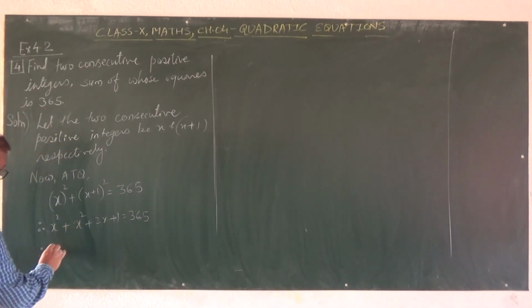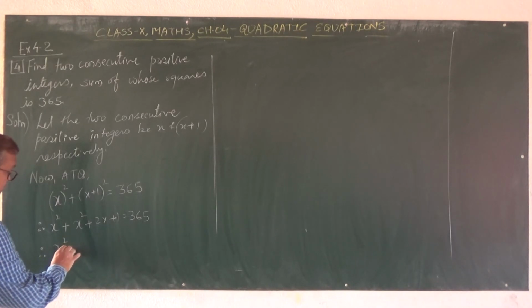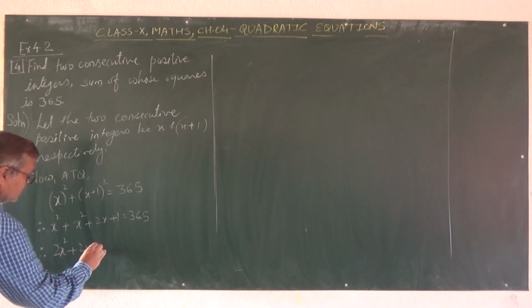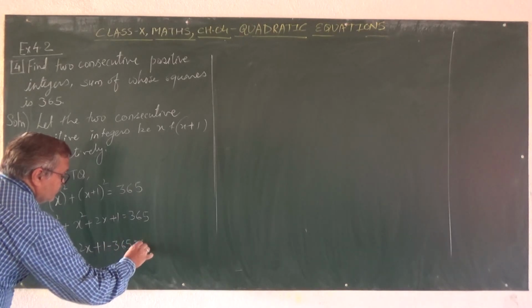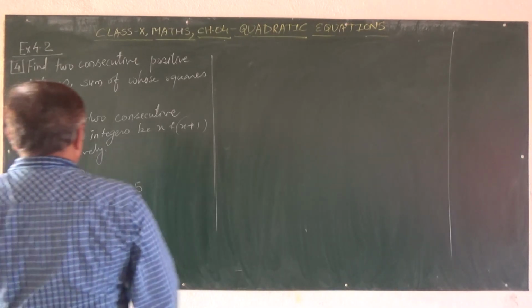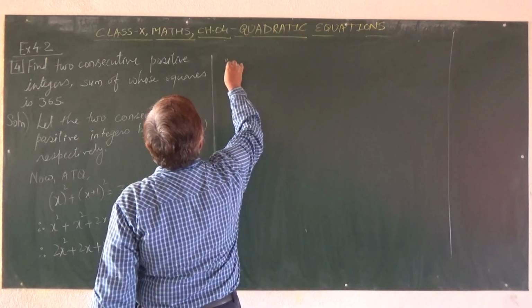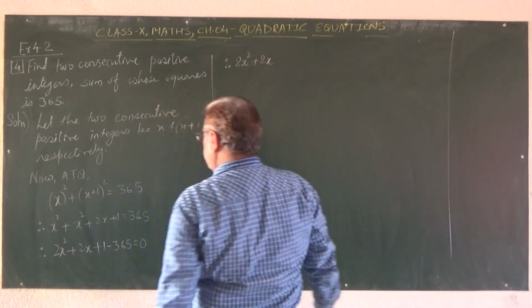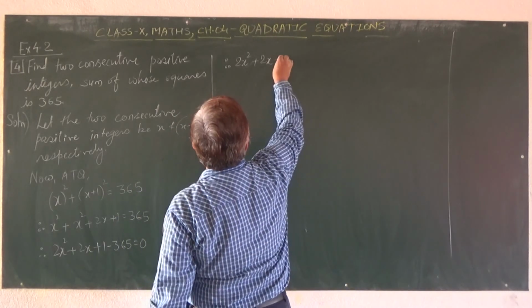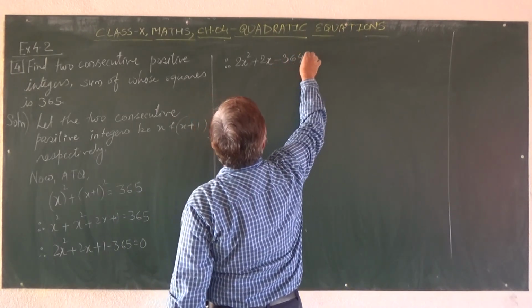So this is x square plus x square, 2x square plus 2x plus 1 minus 365 is equal to 0. So therefore 2x square plus 2x plus 1 minus 365 is minus 364.